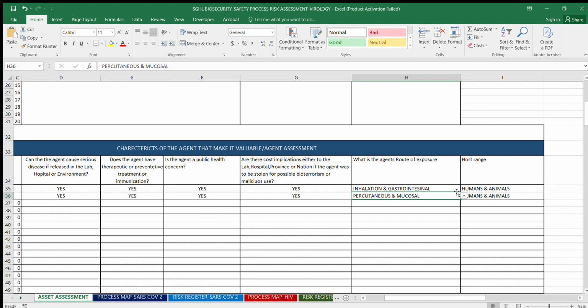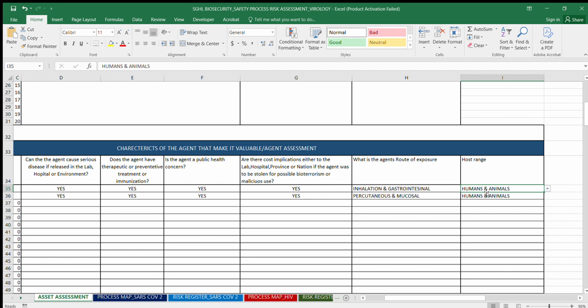So you indicate the type of route of exposure. If the route of exposure is inhalation, that one will be more valuable compared to something which only has an ingestion type of route.